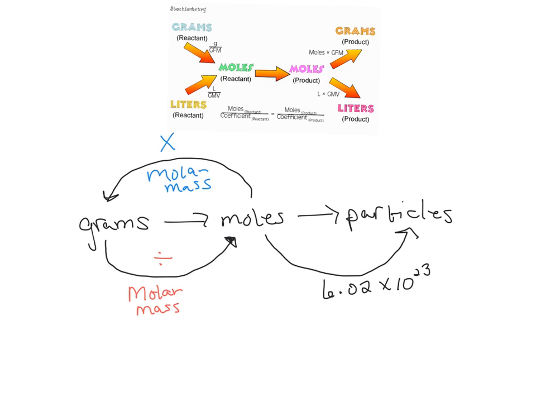If I wanted to know how many particles are in a mole, I need to multiply by Avogadro's number. If it's giving me particles and I didn't know how many moles that is, I need to divide by Avogadro's number.